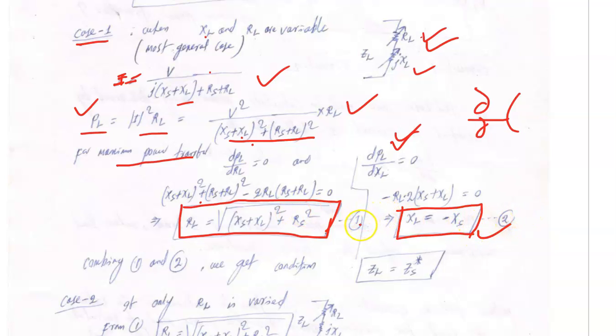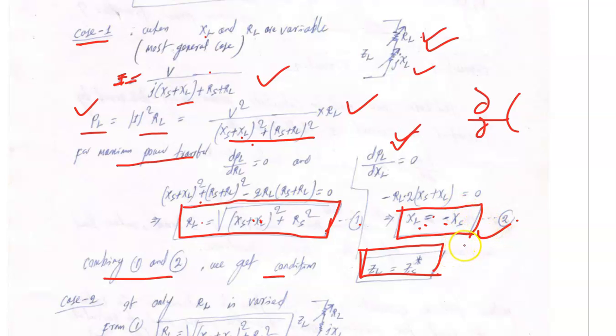So when you combine 1 and 2, we get the conditions. When I combine this with this, when XL equals minus XS, this term is 0. That means RL equals RS and XL equals minus XS.